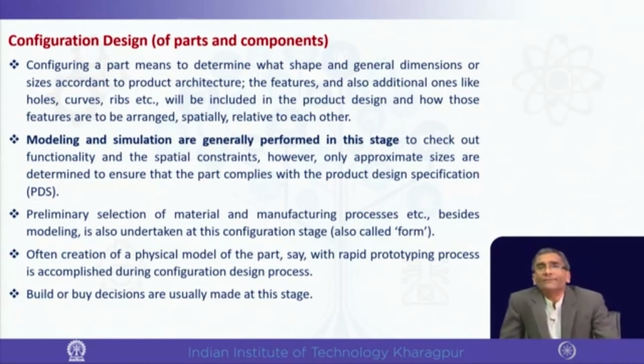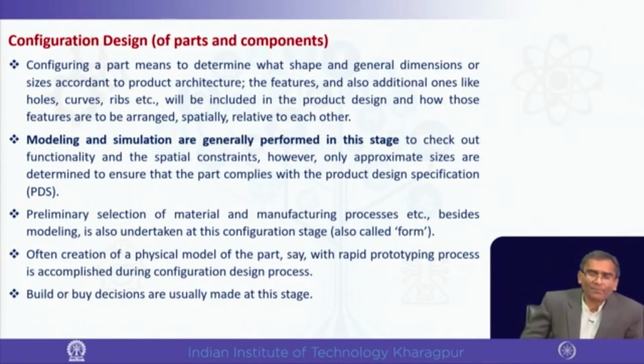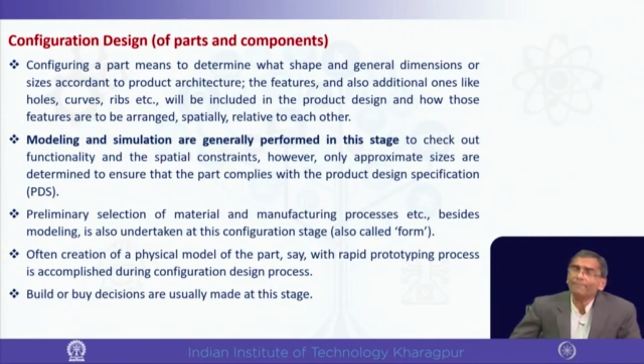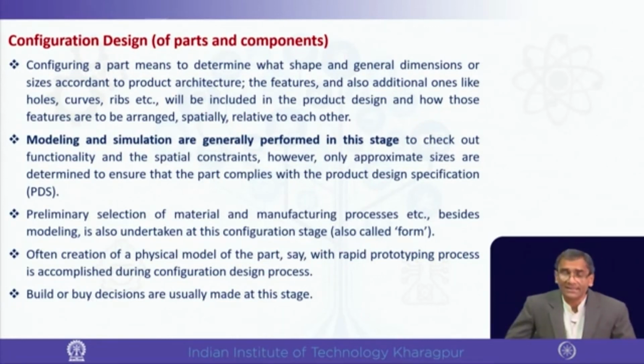Now, after the product architecture, it is the configuration design of parts and components. That is, configuring a part means to determine what shape and general dimensions or sizes according to the product architecture, and the features.